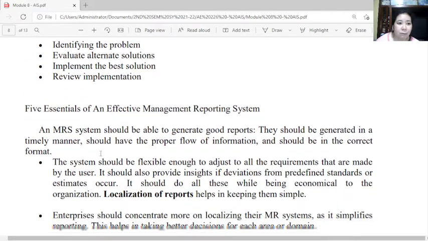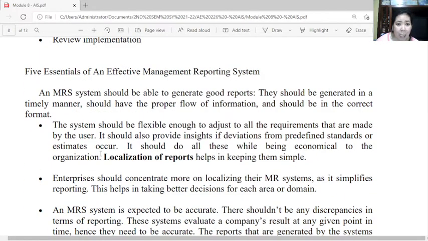So relating to our MRS, what are the essentials of an effective MRS? Basically, MRS should be able to generate good reports, and they should be generated in a timely manner, should have a proper flow of information, and should be correct in format.